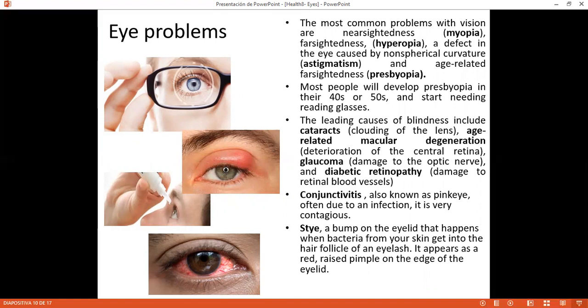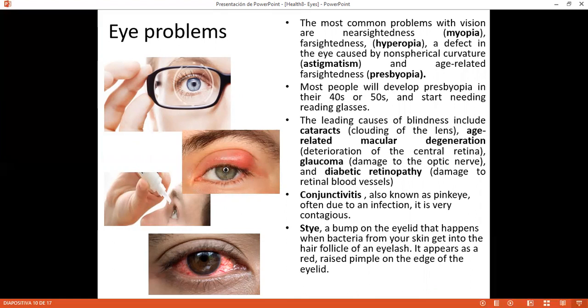And also, you can just get conjunctivitis, which is also called pink eye. It's an infection and it's very contagious. And also the sty, you can see there the bump that this person has on the eyelid. It may come in the top lid or in the bottom lid.